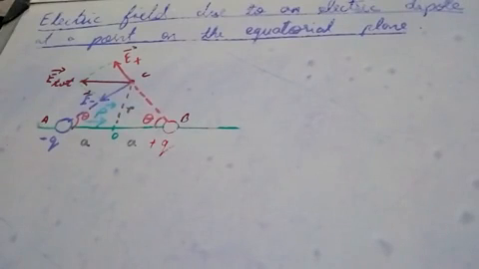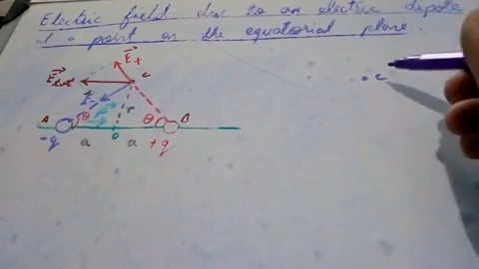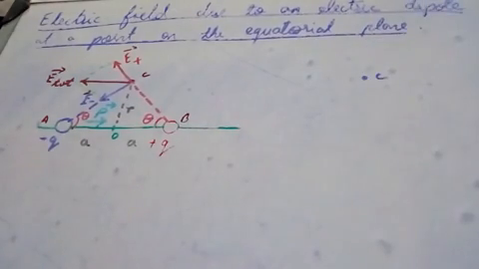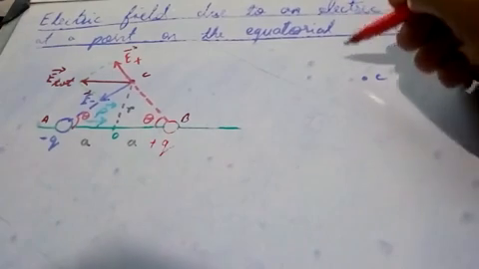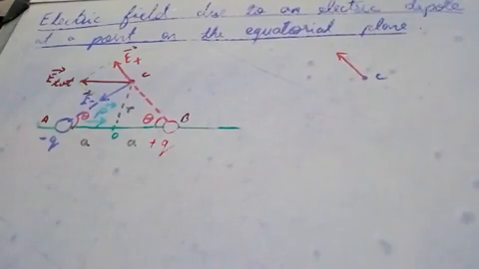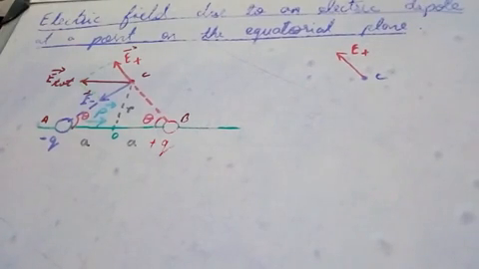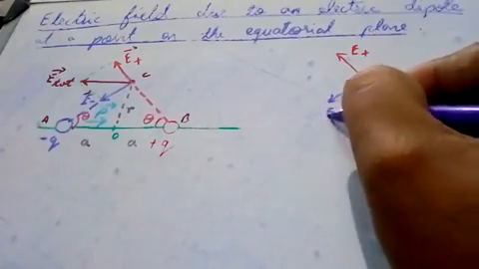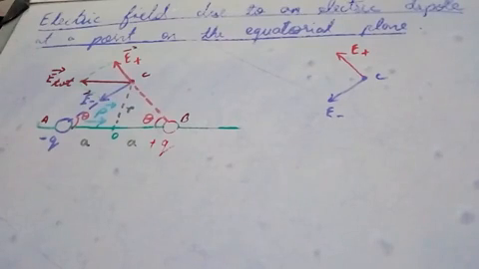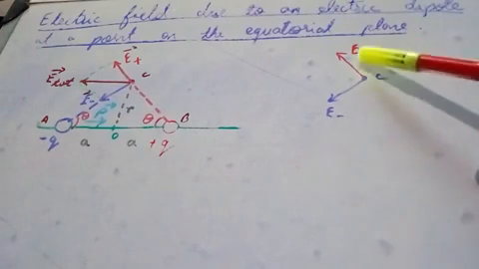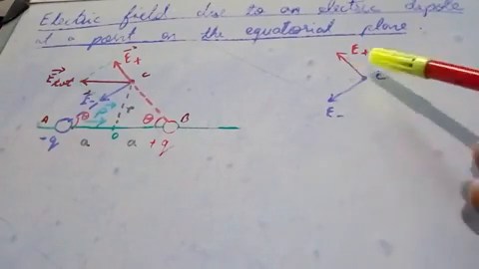Now let's see what the total electric field is at this point C. This is the electric field due to the positive charge, and this is the electric field due to the negative charge. First we take the electric field due to the positive charge, which you can resolve into two components, horizontal and vertical.